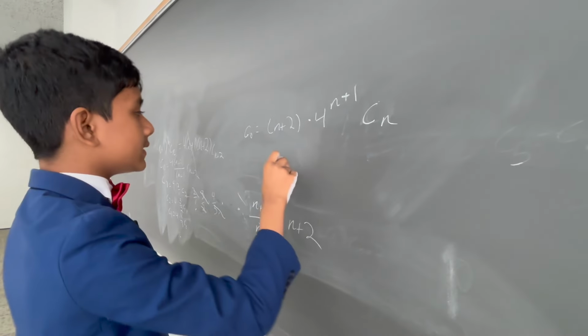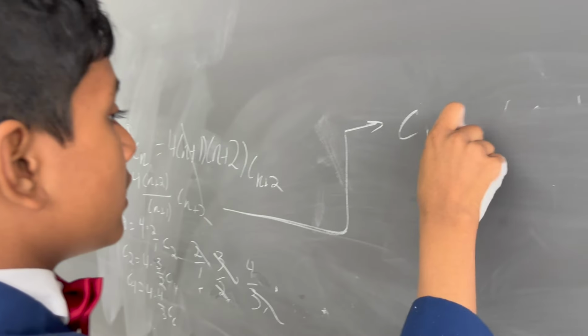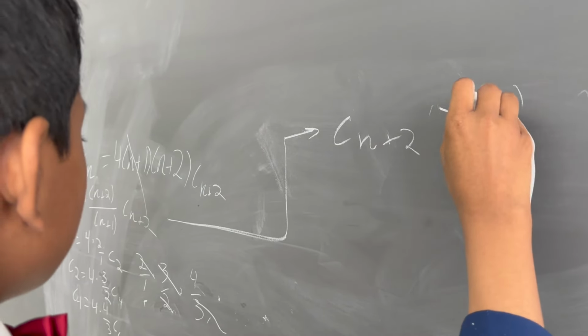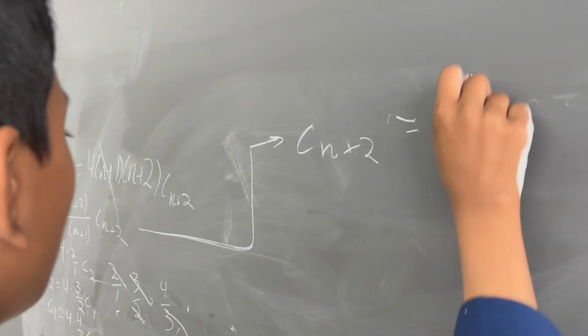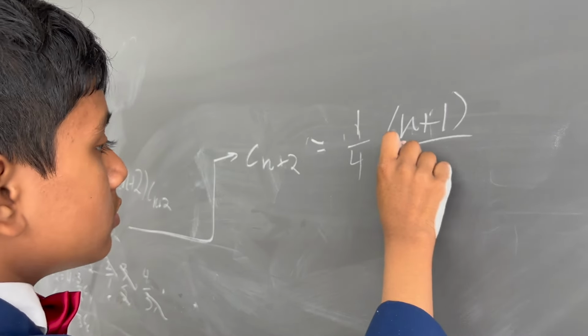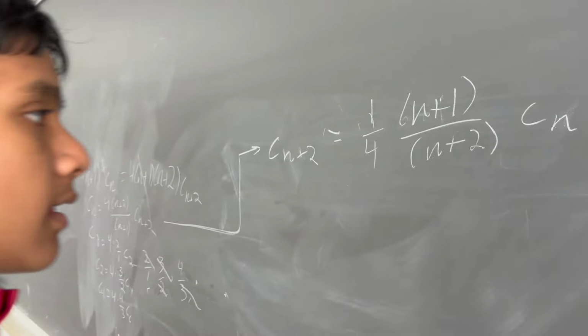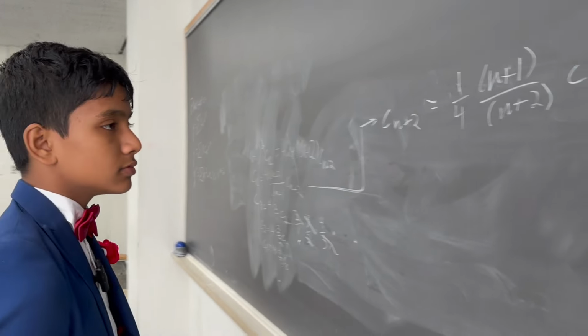Alright, so let's try an example. Let's actually invert this formula to get Cn plus 2 is equal to 1 over 4 times n plus 1 over n plus 2 times Cn. Okay, so now what do we do?